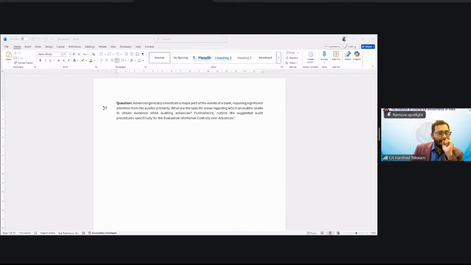Come on, guys, quickly. Advances. We have seen this. We have discussed this. Regularization near balance sheet date. Very good. Yes. What else? Quick NPAs. Yes. Very good.